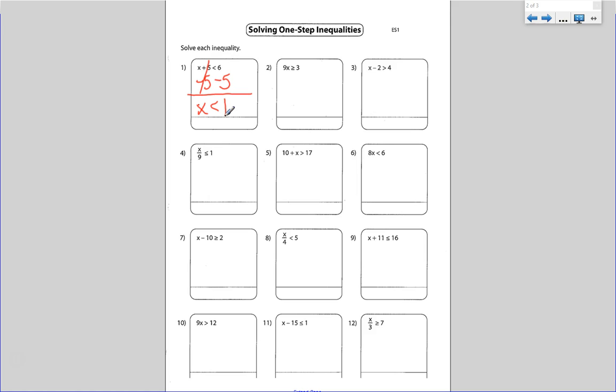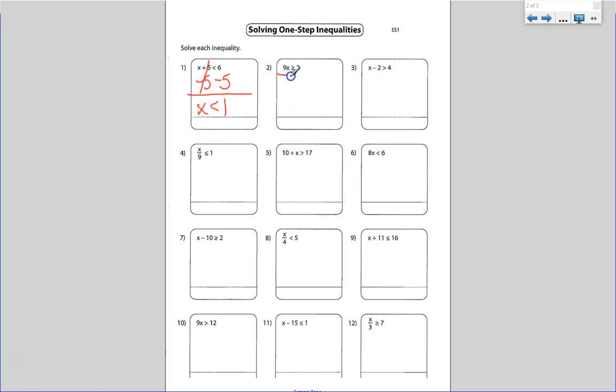So the difference between yesterday and today is yesterday I was telling you what x was greater than or less than, and today you're going to have to figure that out before you can graph it. Okay, this is another problem I worked a few minutes ago.